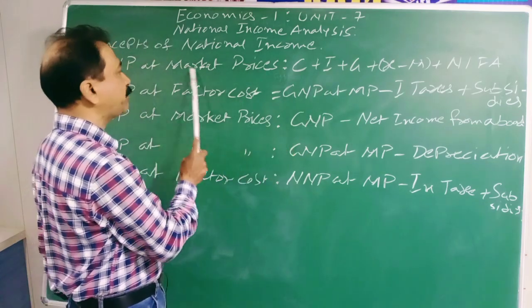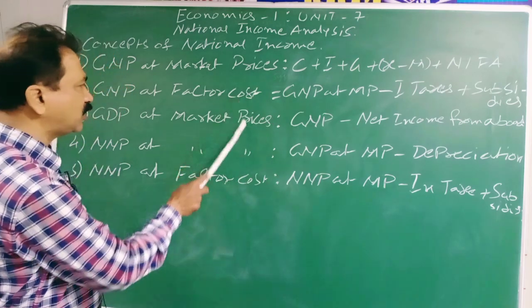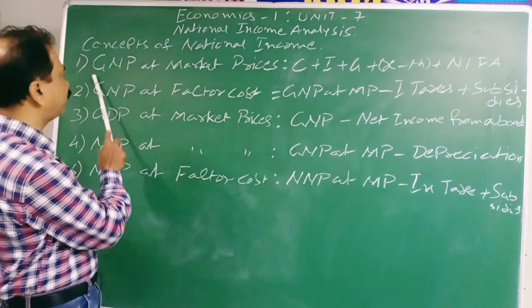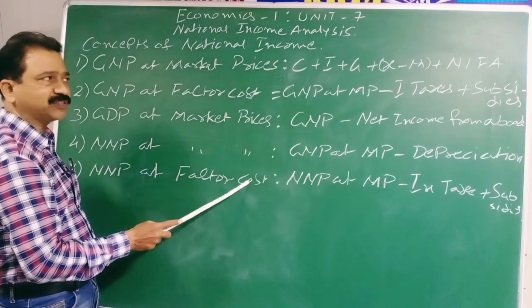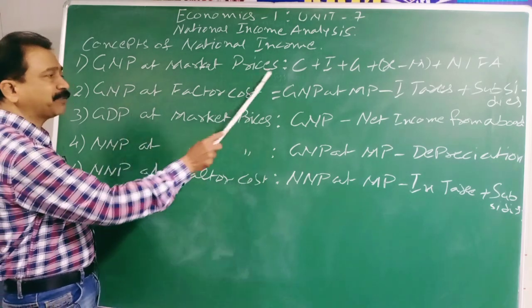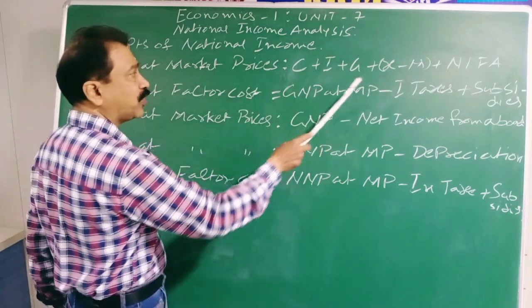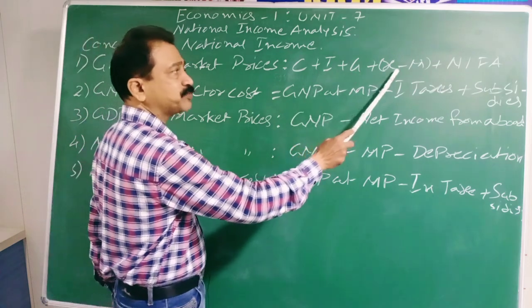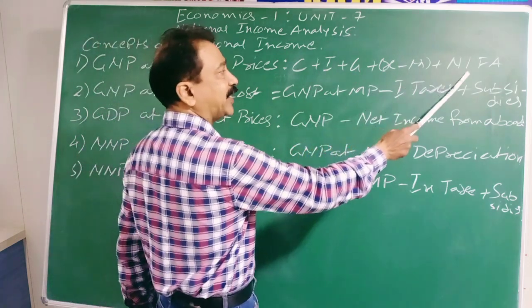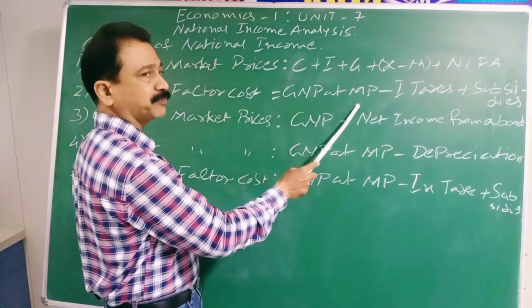If you have this GNP at market prices, we can calculate everything. All other concepts take birth from GNP at market prices. To know all other concepts, you should understand GNP at market prices better. That's why I took more than enough time to explain all these things. Consumption plus investment plus government expenditure plus exports minus imports plus net income from abroad is GNP at market prices.